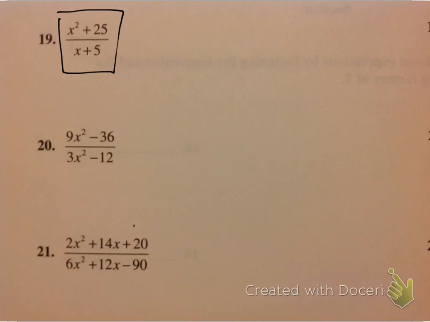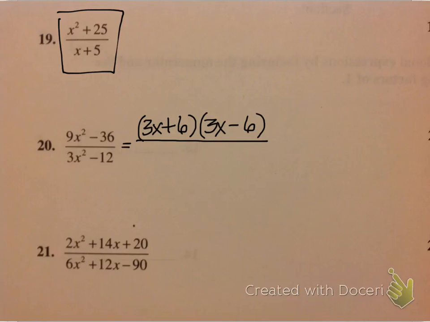The next one, 9x squared minus 36 over 3x squared minus 12. I notice that my numerator is a difference of squares. So let's factor that. 9x squared would be 3x and 3x. And the minus 36 would be a plus 6 and a minus 6.